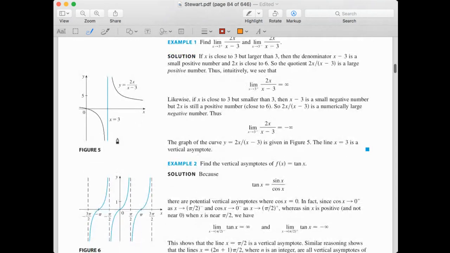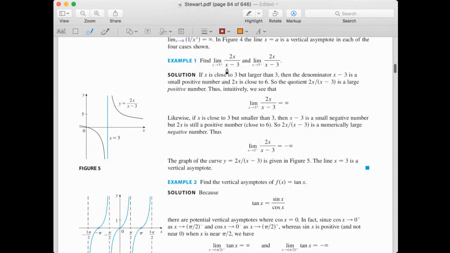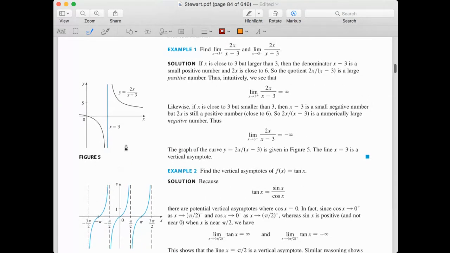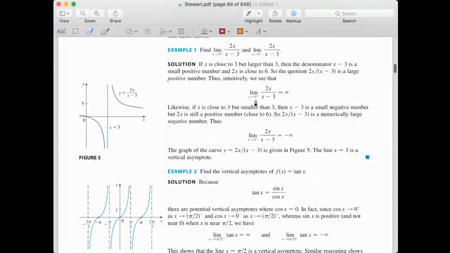Let's just follow this. So for any rational function, we think about the basic function 1 over x. So the graph looks like this. Since the denominator is shifted, the y-axis is being shifted 3 units to the right.